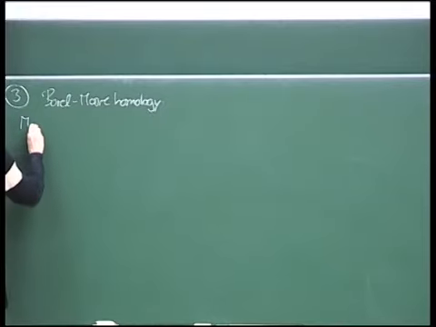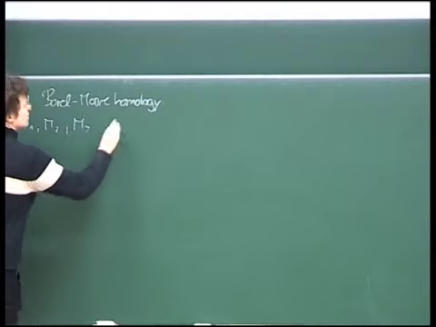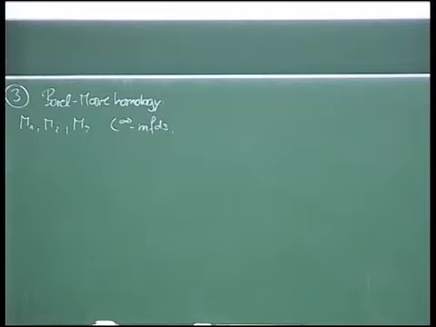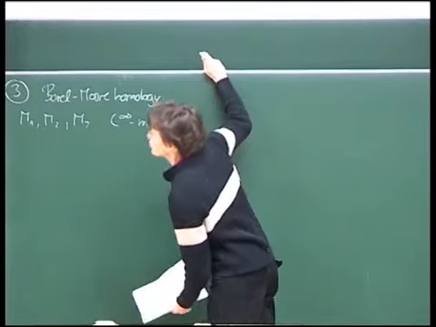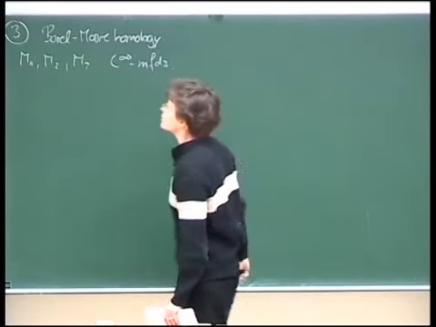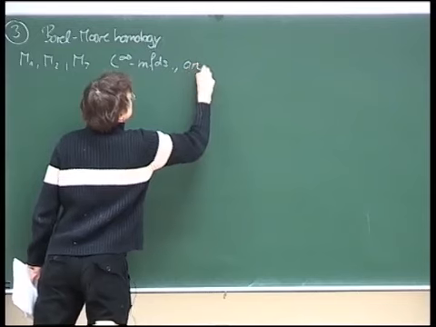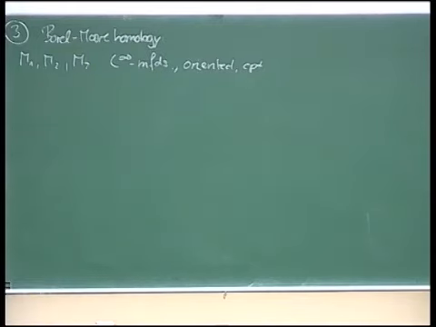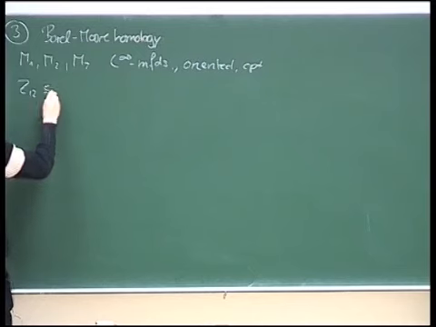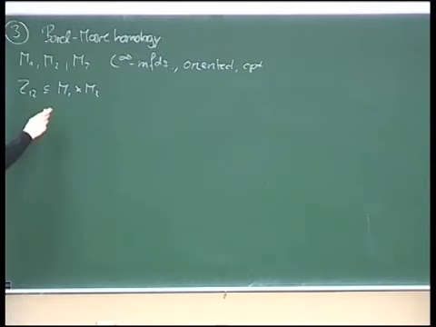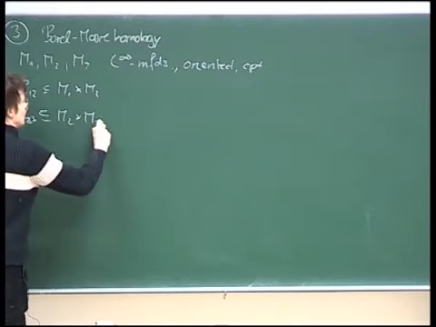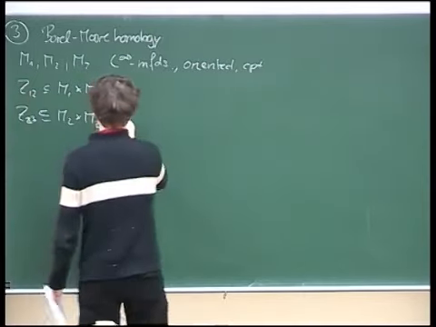Again, M1, M2, M3 are C-infinity manifolds, with the same assumptions as over there: oriented and compact. I want to do the easy version of this. So I choose a closed subset of M1 times M2, and a closed subset of M2 times M3.